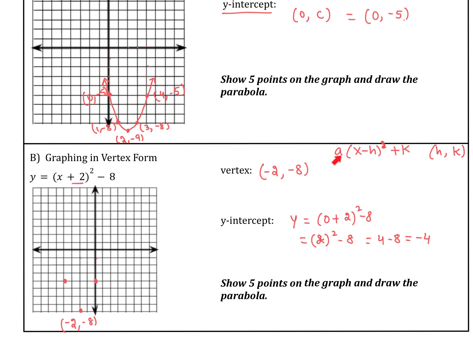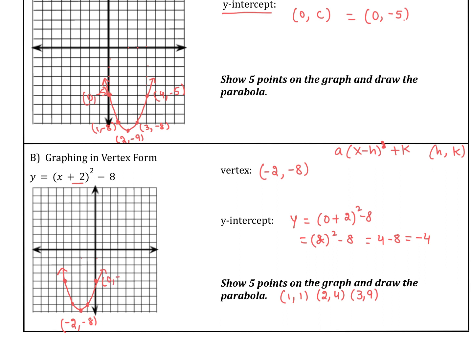Since the number in front, that a is 1, you're going to follow the pattern 1 1, 2 4, 3 9, and that can give you as many points as you need. So this is going to be 1 1 right here, 2 4, and then you can find as many points as you want.